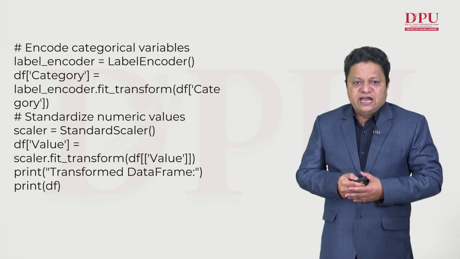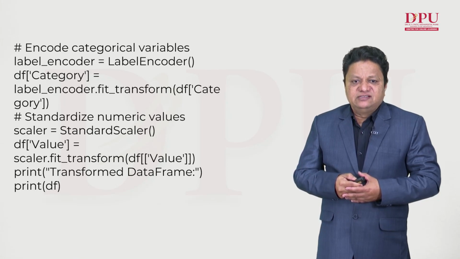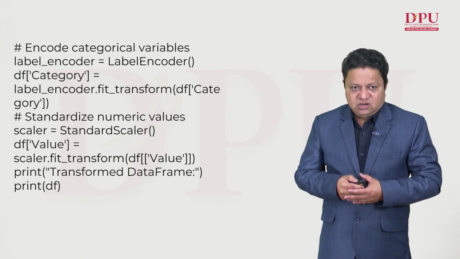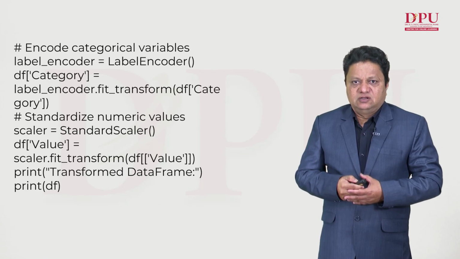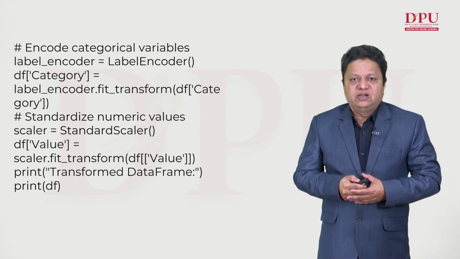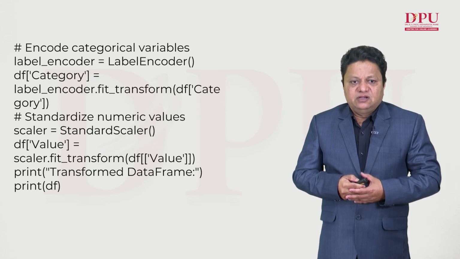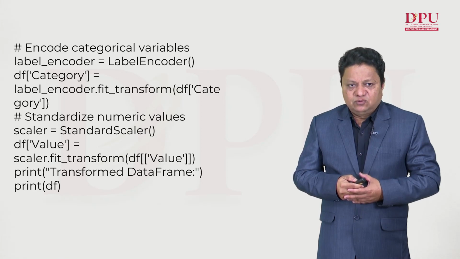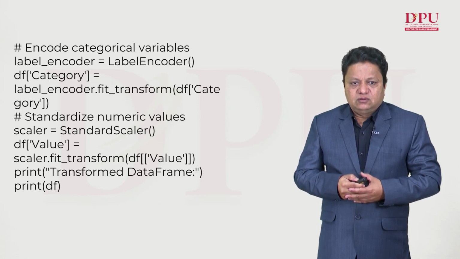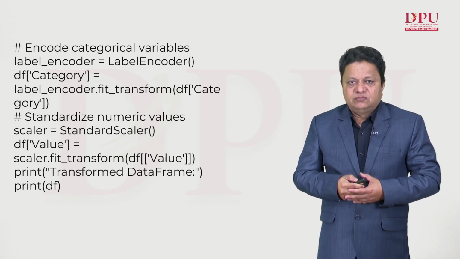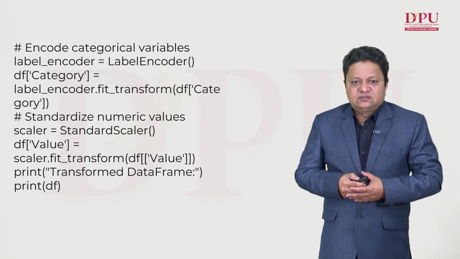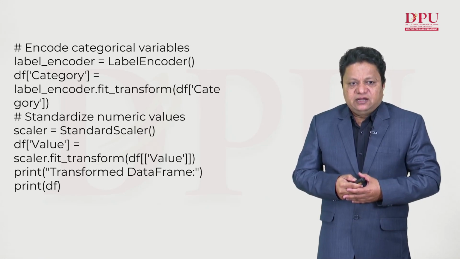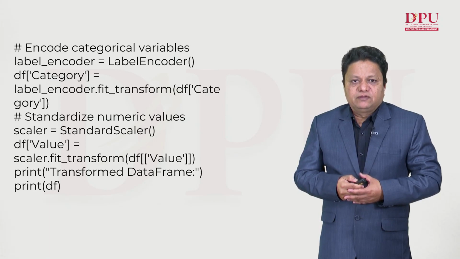In the first line, I am creating the instance of LabelEncoder. In the second line, df['category'] is equal to label_encoder.fit_transform of df['category']. So here I am transforming the category and encoding it into df['category'].